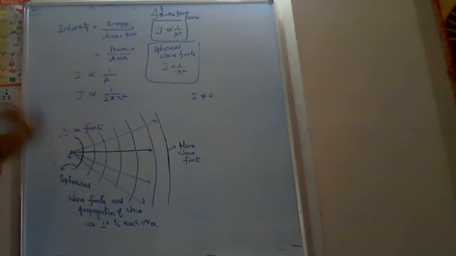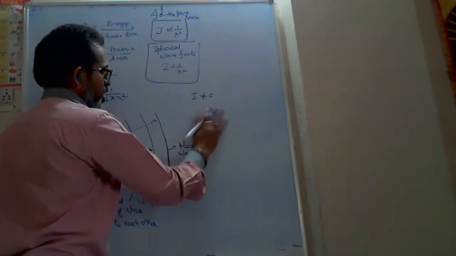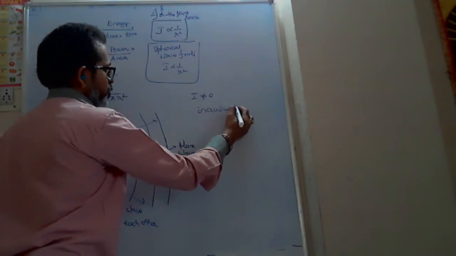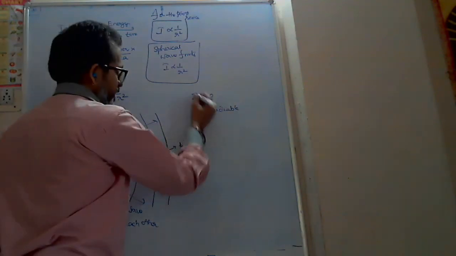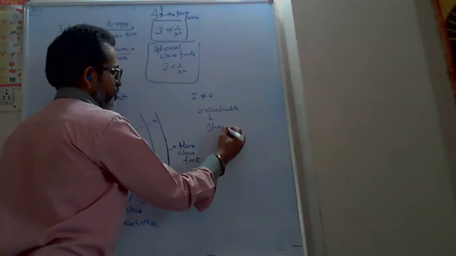Yet at one intensity the sound becomes inaudible. Inaudible means, I think you understood, you can't hear that sound. That inaudible intensity is called the threshold intensity.